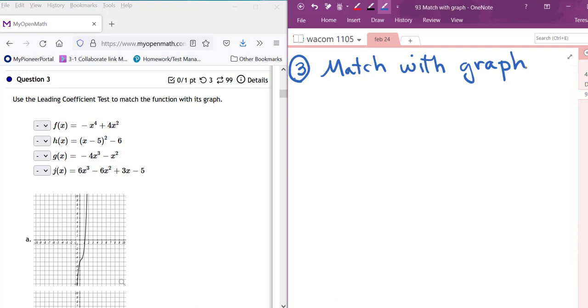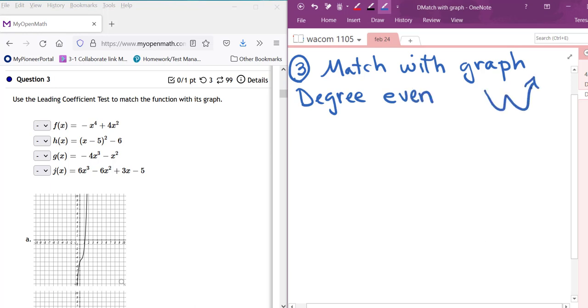Hopefully you watched the other video that we have. And basically, first look at your degree, right? If your degree is even, it's basically going to look like some form of a W. And this might go way up, or it might not go up but a tiny bit, or it might even just be smooth like a parabola.